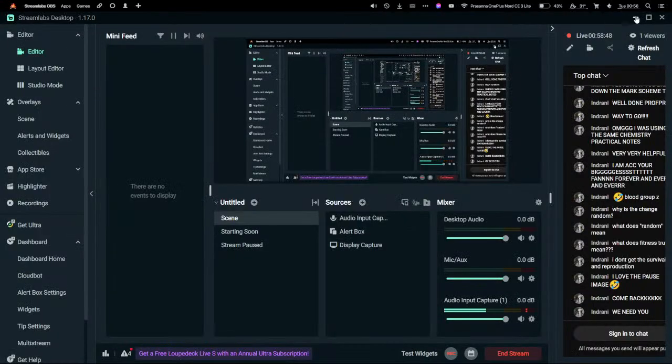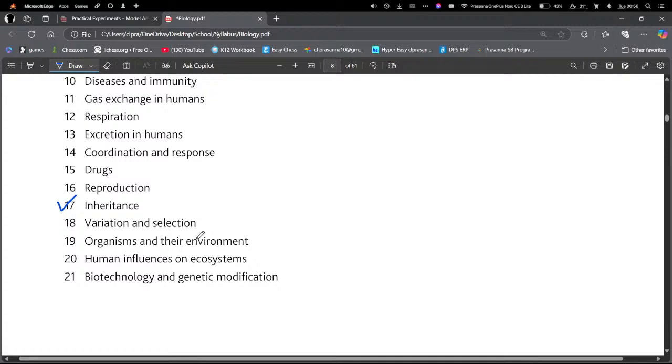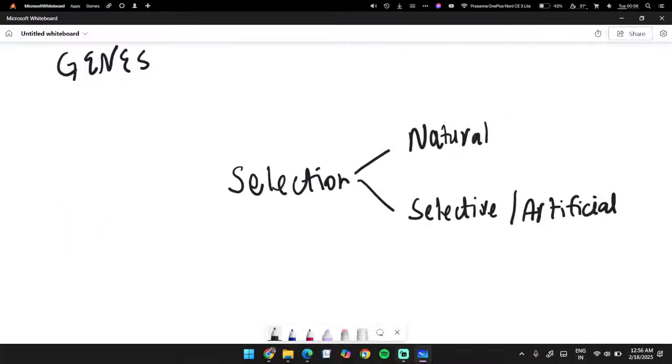All right, let's continue. So we are done with chapters. Inheritance, we are done. Variation and selection, we're done. Let me get the notes for organisms and the environment. Give me a second.